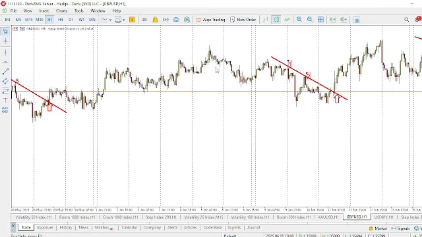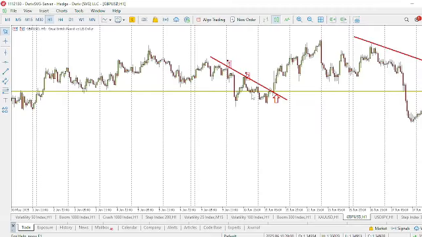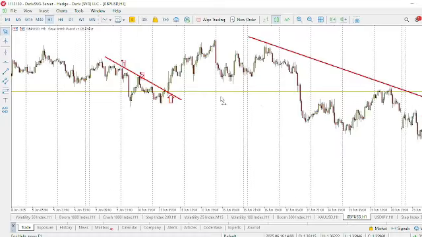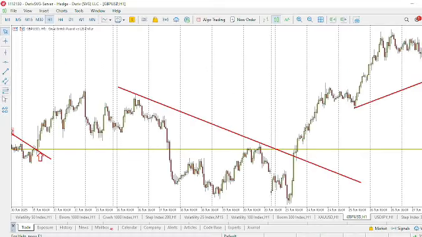104 pips before it began to go down. And then we have point 1, point 2 again, and then at the third touch, price moved to the upside. And I have this beautiful example here too.